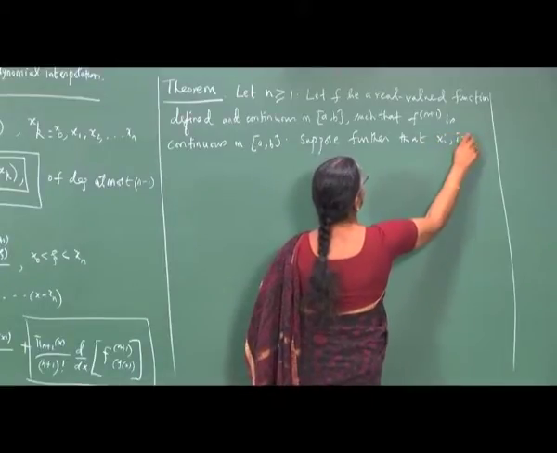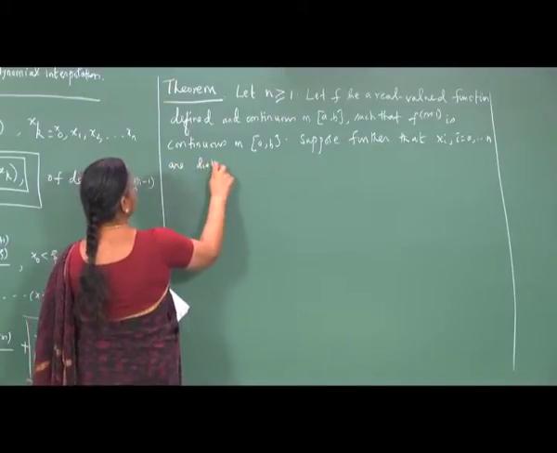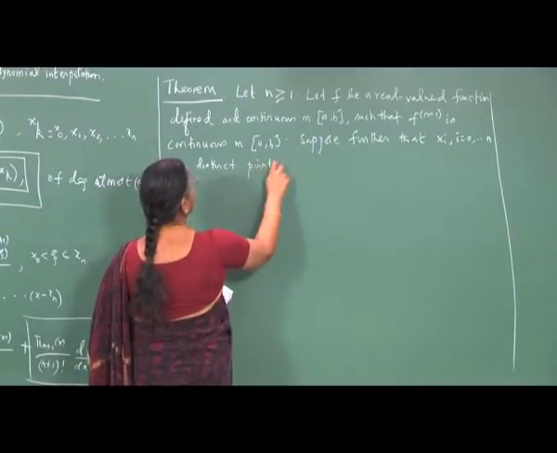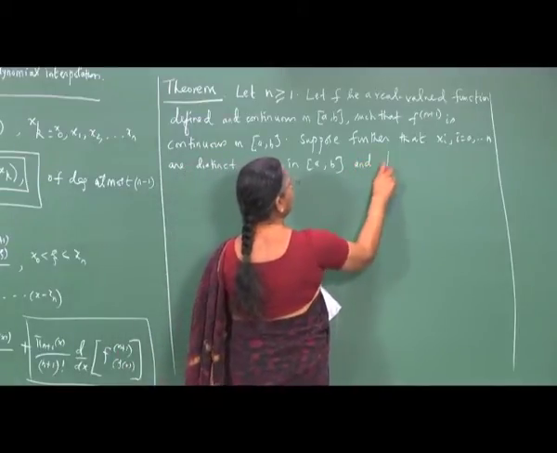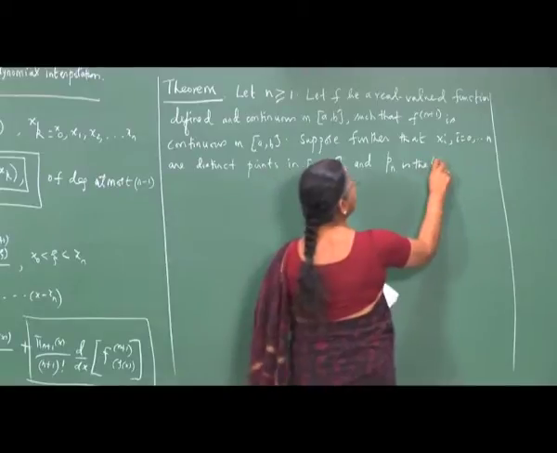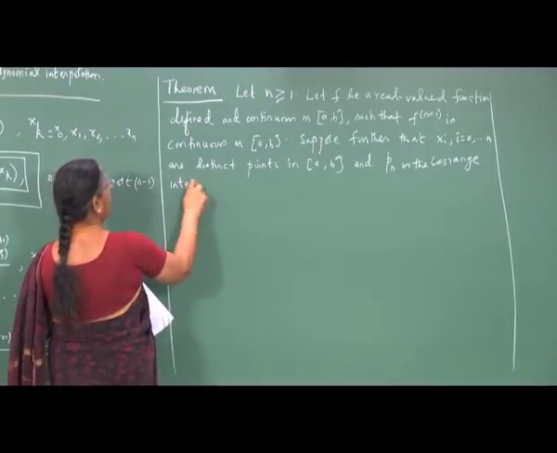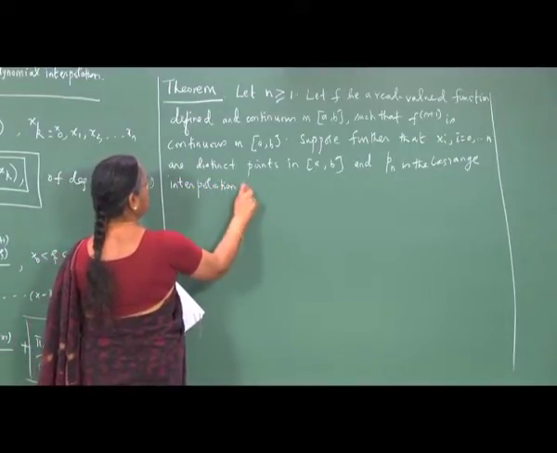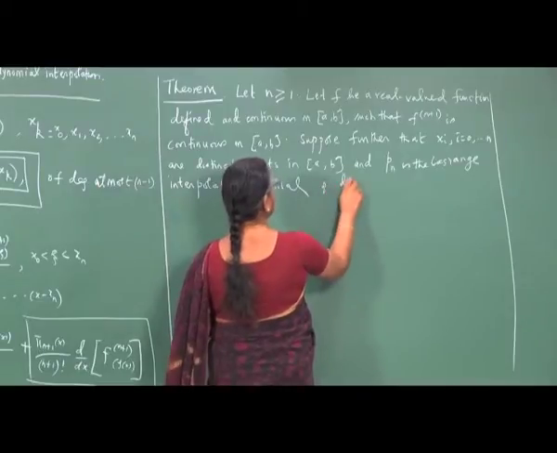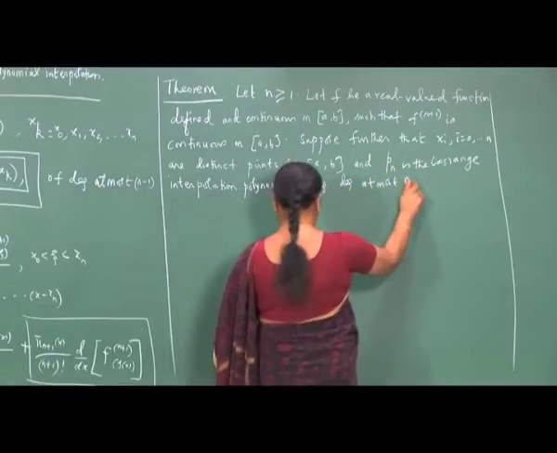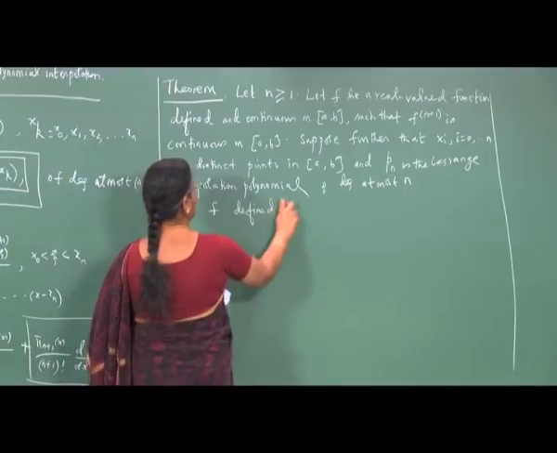xi for i equal to 0, 1, 2, 3 etc. up to n are distinct points in the interval a b, and that Pn is the Lagrange interpolation polynomial of degree at most n for f defined by these points.